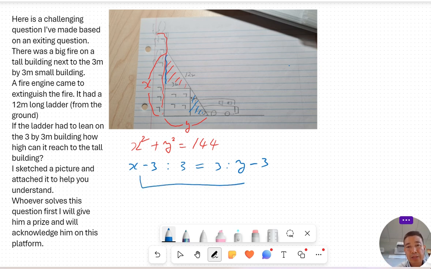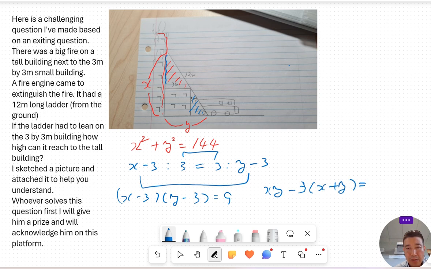So according to this ratio, (x minus 3) times (y minus 3) must be 9, which means xy minus 3x minus 3y plus 9 equals 9, so it's 0. So that means xy equals 3(x plus y), right?